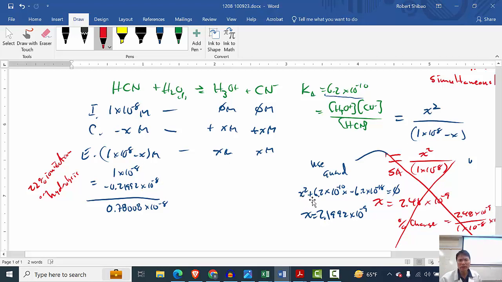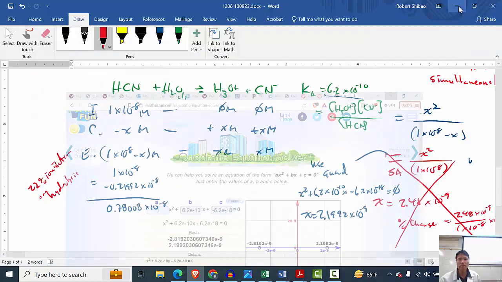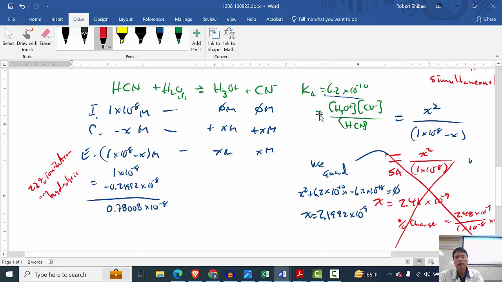X squared plus 6.2 times 10 to the minus 10 x minus 6.2 times 10 to the minus 18. And check the quadratic. 6.2 times 10 to the minus 10, minus 6.2 times 10 to the minus 18. 2.1992 times 10 to the minus 9. And so 1 times 10 to the minus 8 minus 2.1992 times 10 to the minus 9.